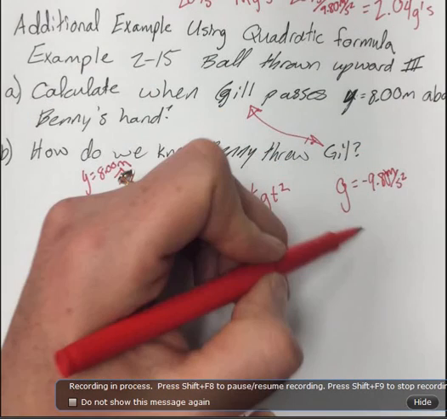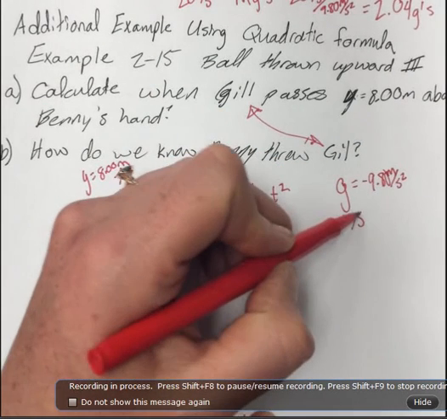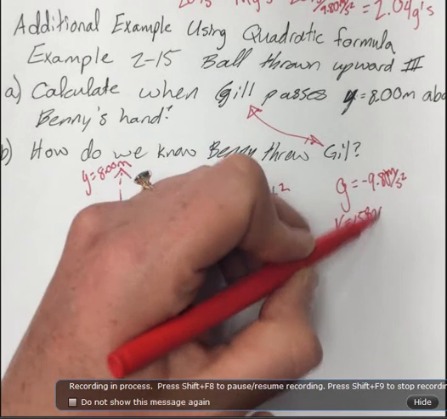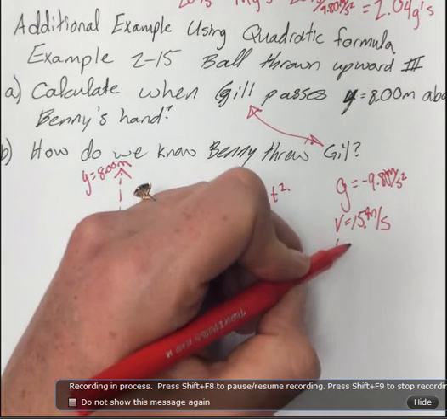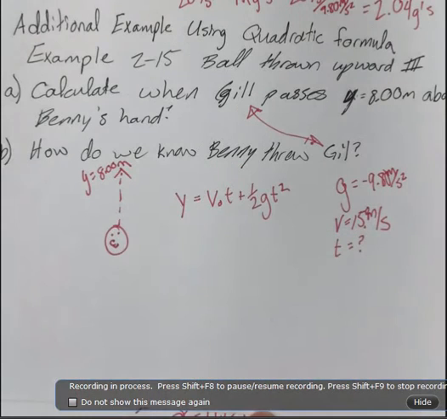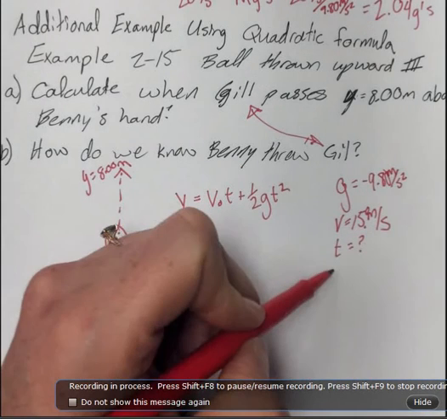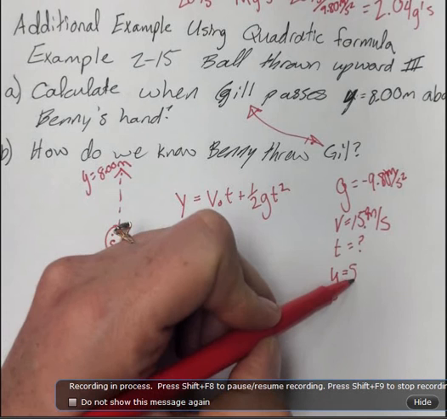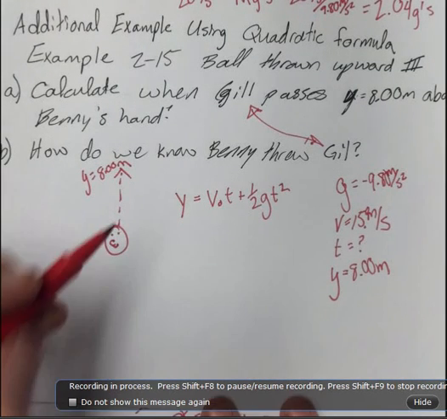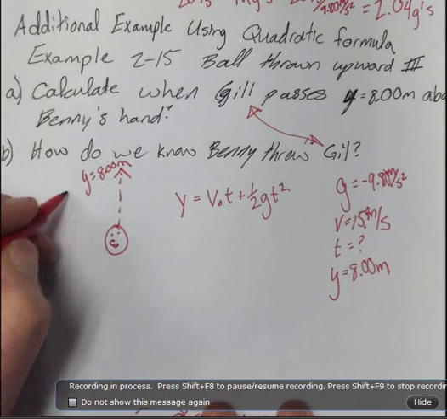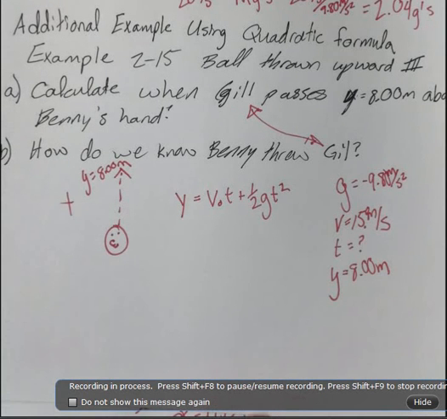We know the initial velocity was 15.0 meters per second. We don't know the time for that 8 meters. That's what we're trying to solve. But we do know that the position is a positive 8.00 meters above its starting point, right? Because up is positive.